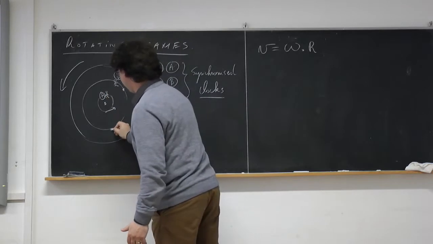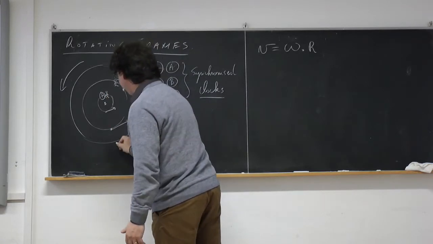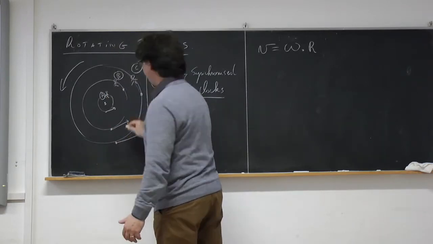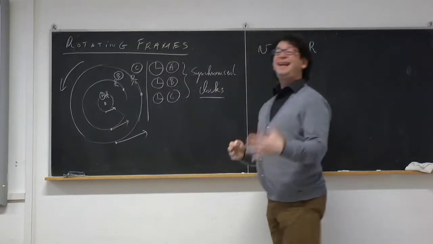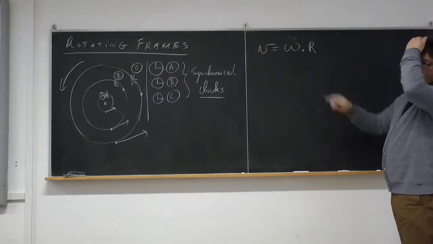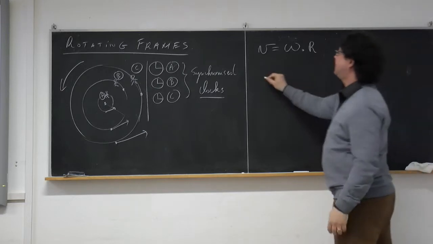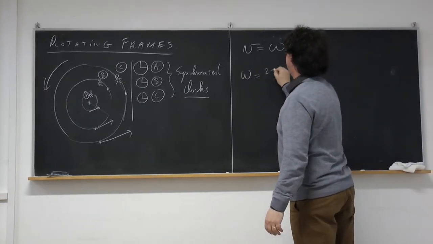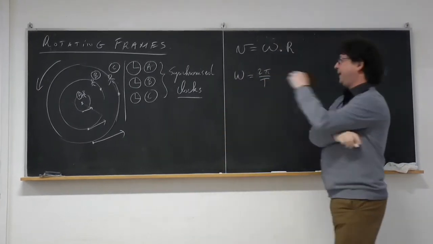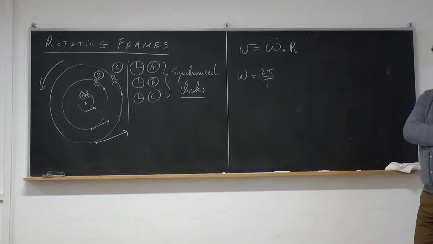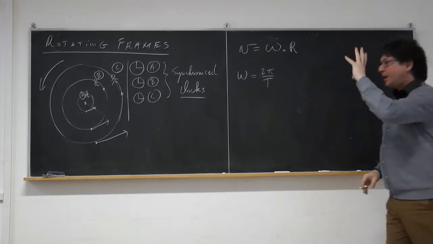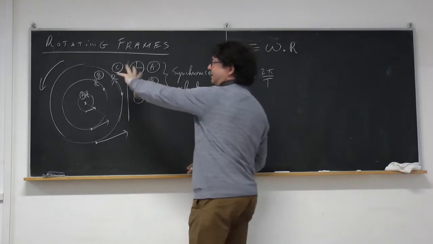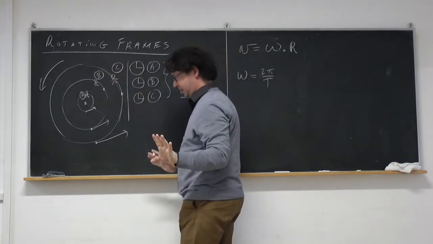Greater, because he is further away. It grows linearly. This one has an even greater velocity. Omega is just the angular velocity, 2 pi over the rotation period. So this is a rigidly rotating disk.